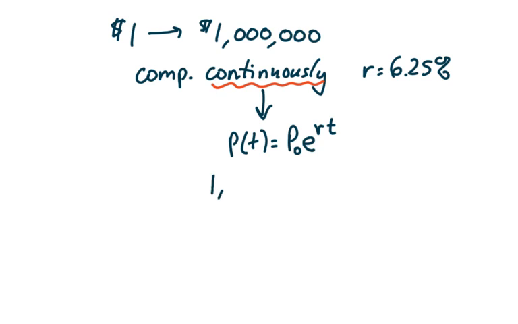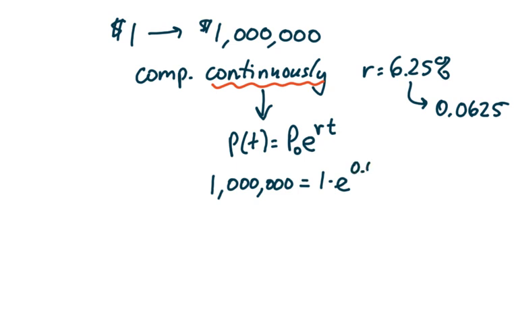So I know I want to end up with $1,000,000, and my starting amount is $1. E to the r, where r is 6.25%, which we changed to 0.0625. Okay, I'll put that in there. 0.0625 times t. T is in blue. Well, the base here is e.